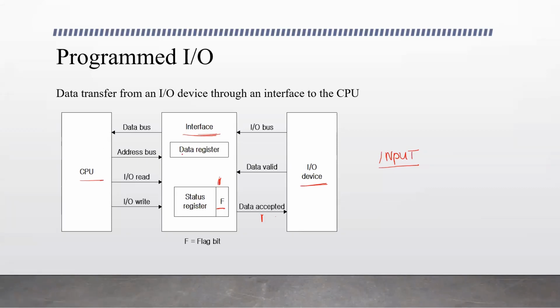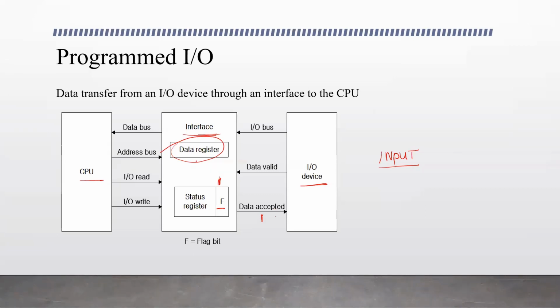Once the data is read by the CPU, this data accepted signal is disabled by the interface, because now the data register is free. It is available now for receiving the next data byte. The IO device can send the next byte of data.